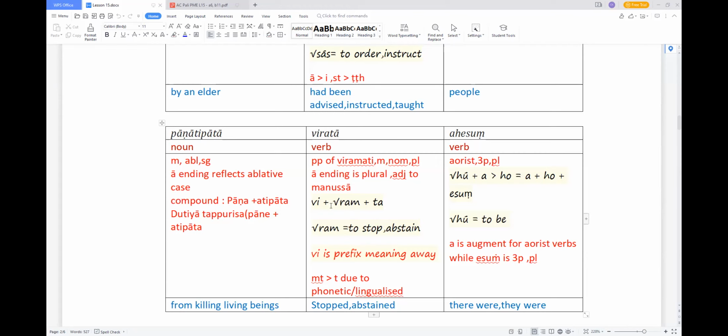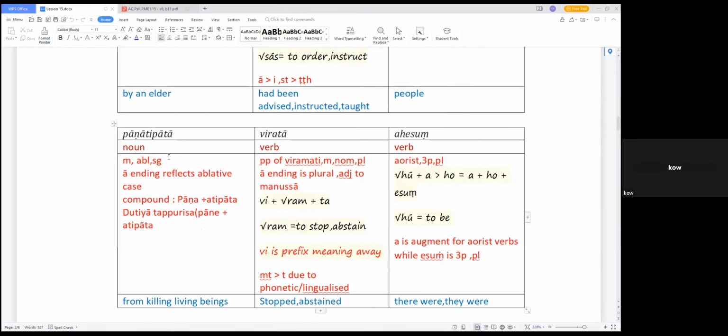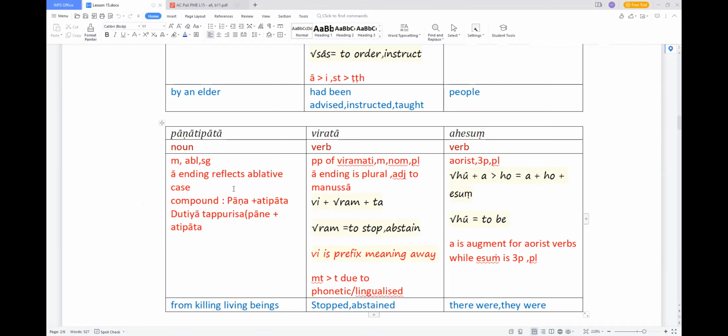Abstain from what? Abstain from Panatipata. This ends in long A, ablative. This word is a noun, so the long A ending reflects the ablative case. It is a compound word consisting of Pana and Atipata.